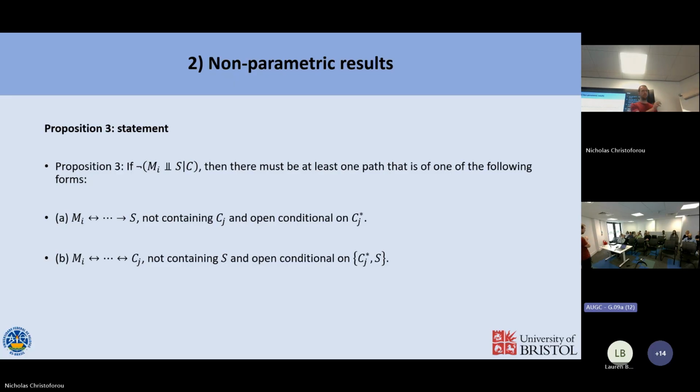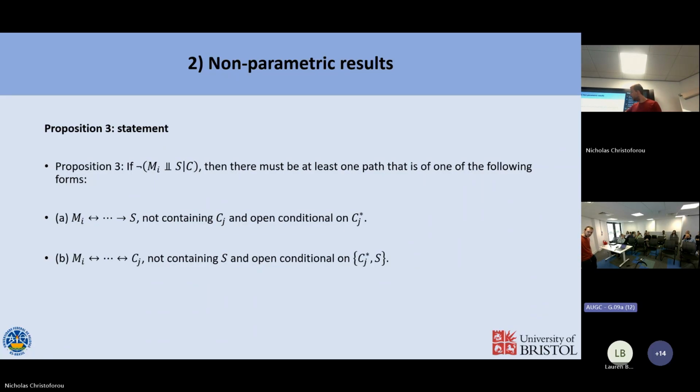That's the dependence condition. And what is the implication? The implication is that if that's true, then I will be in at least one of these two situations. A, there is a path between Mi and S pointing into S. The pointing into S part follows from the sink assumption, from the A3 assumption. And this path does not contain Cj and is open conditional on Cj star.